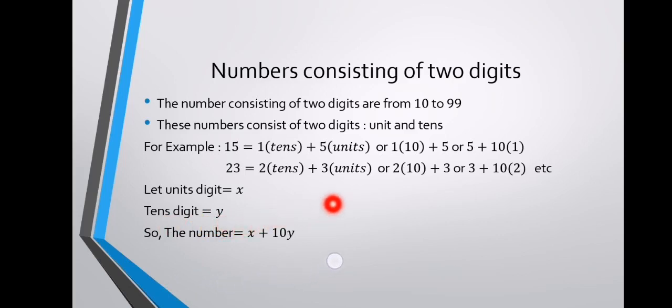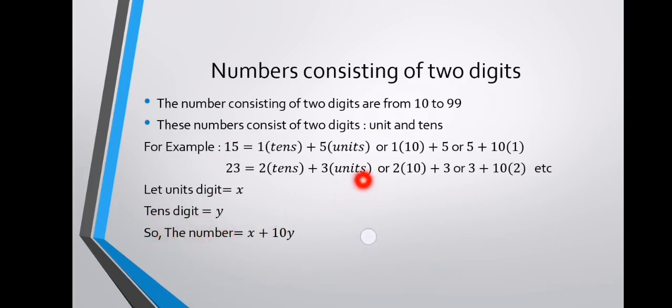These tens and these units are common in all the 2-digit numbers, but the difference is how many units and how many tens are involved to make the 2-digit number. So we are supposing them as x and y.